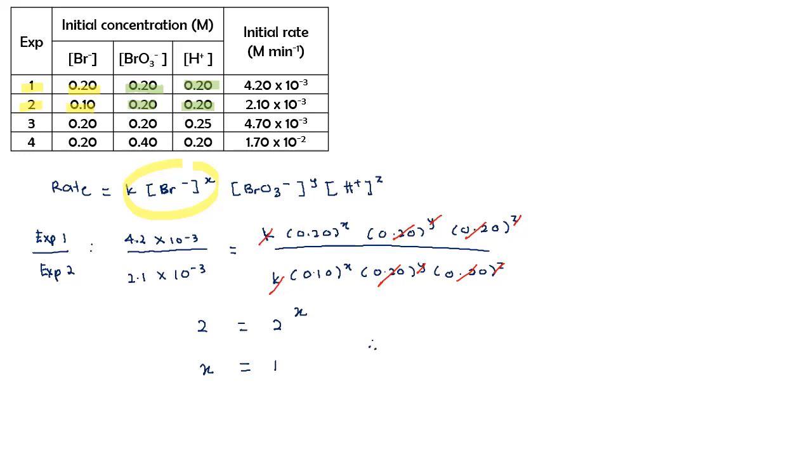So the order of reaction is 1, or first order, with respect to Br minus. Use the same method to solve for y and z.